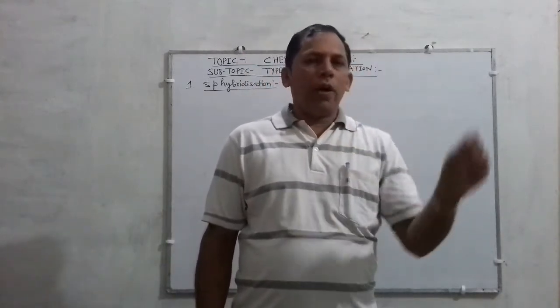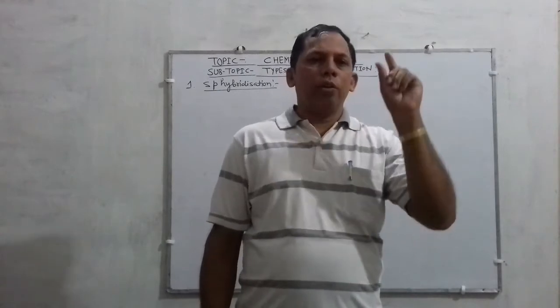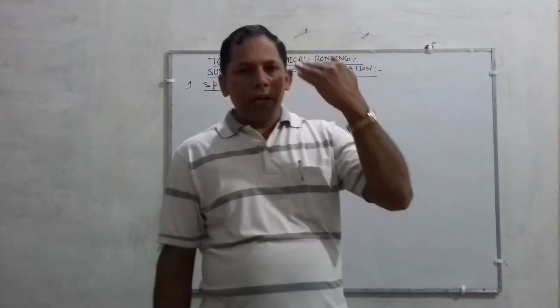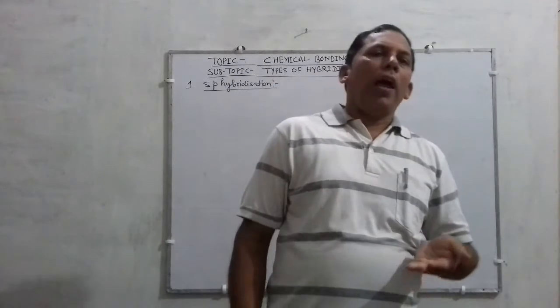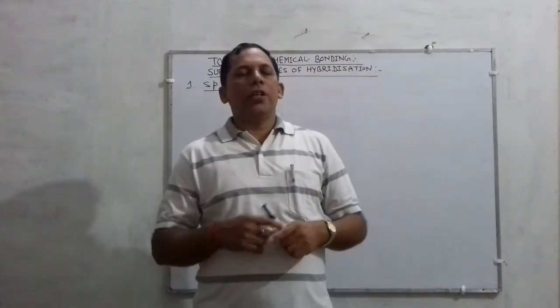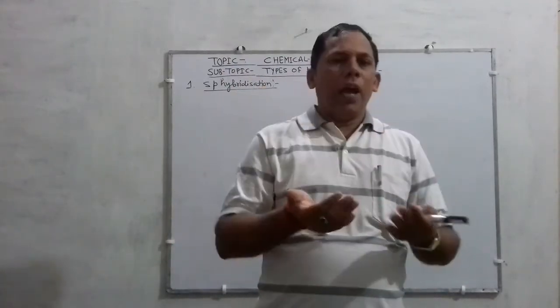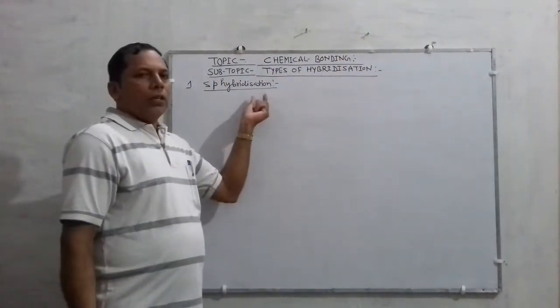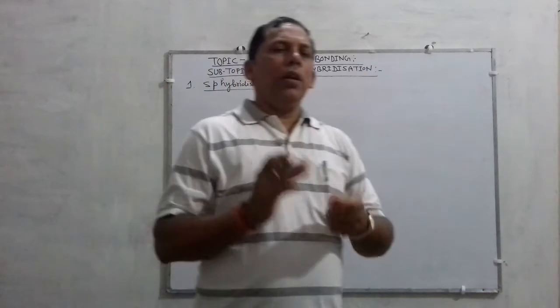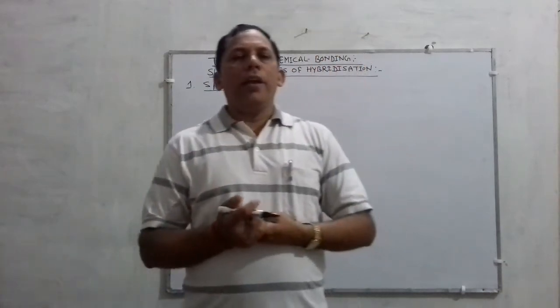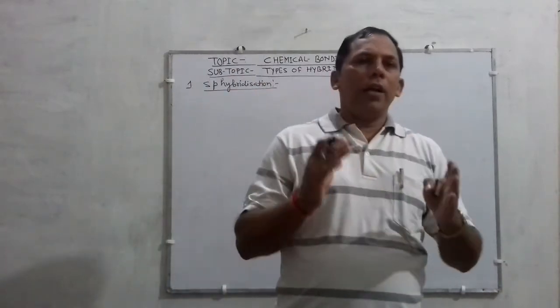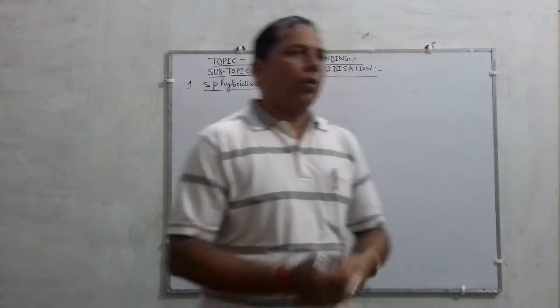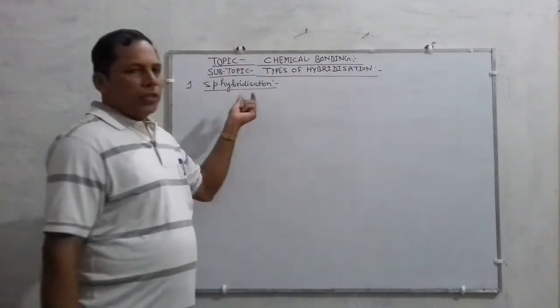These two newly formed orbitals of equivalent energy are called sp hybrid orbitals, and the hybridization is called sp hybridization. In the case of sp hybridization, the geometry of the molecule is linear and the bond angle is 180 degree. So how does sp hybridization occur?